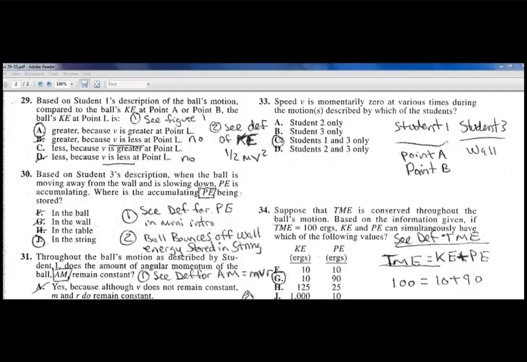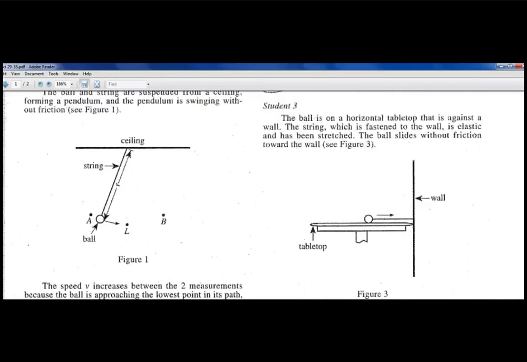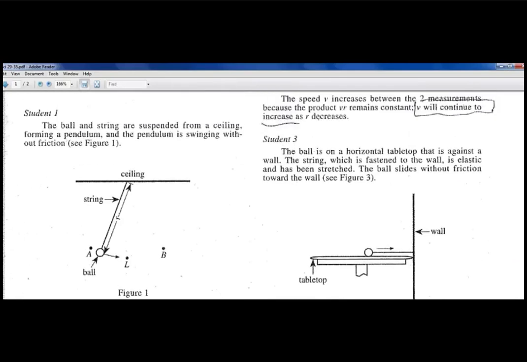Test 68C, Science, Practice Problem number 33. Number 33 states, speed V is momentarily 0 at various times during the motions described by which of the students? Let's quickly do an overview of all three of the students. You see that student 1 here is figure 1.